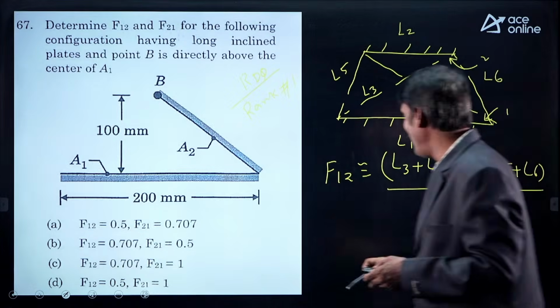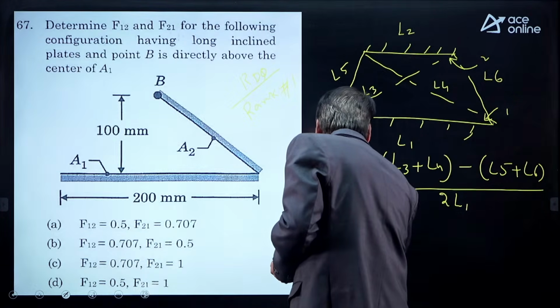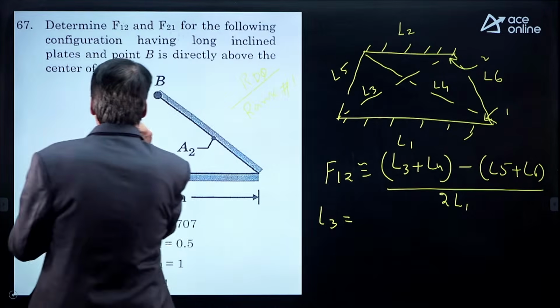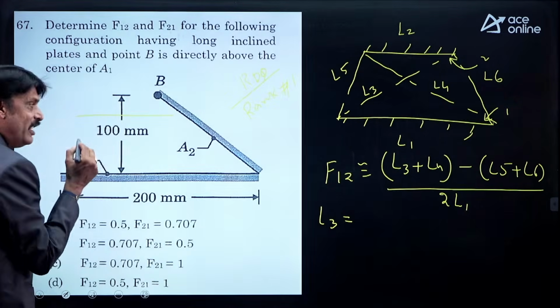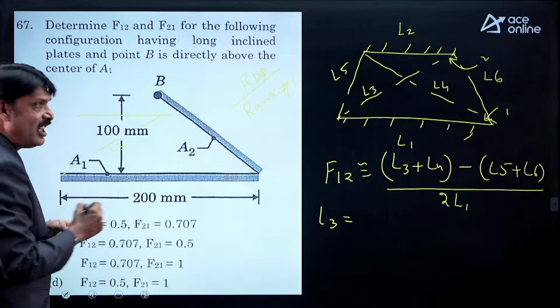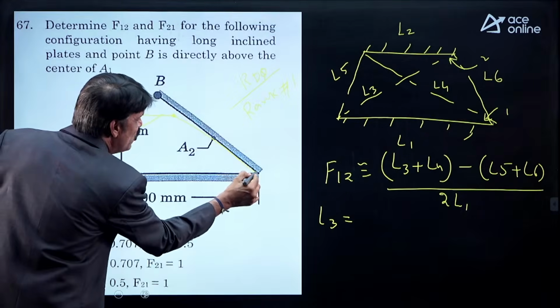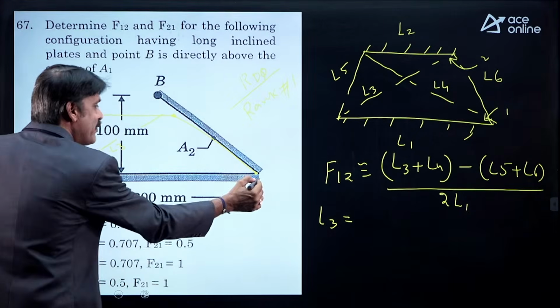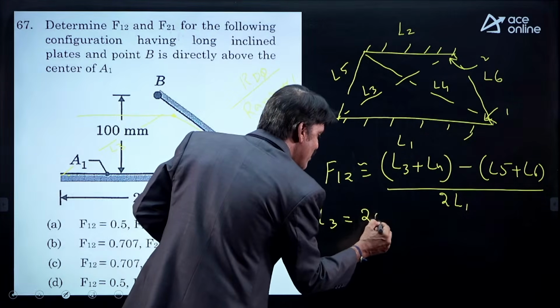When this particular point is joined here, L3 is equal to, say suppose if it is like this, then I would have joined these two and I would have said this is L3, but this point is joined here. When it is joined, L3 becomes 200. So, L3 is 200.